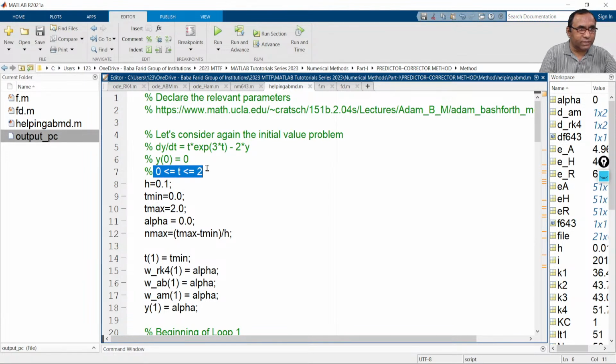For the interval we have 0 to 2. At this place we are going to discuss a very simple way, and we will discuss three methods here.